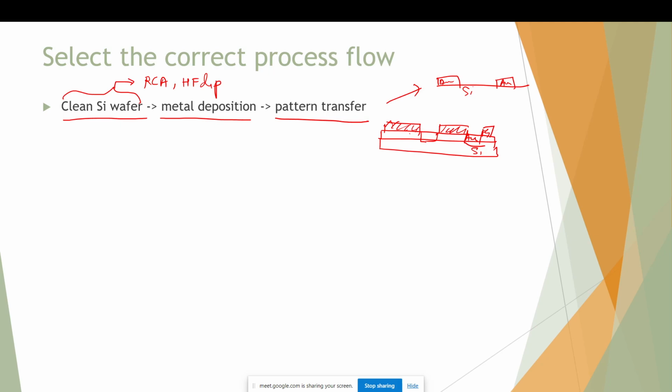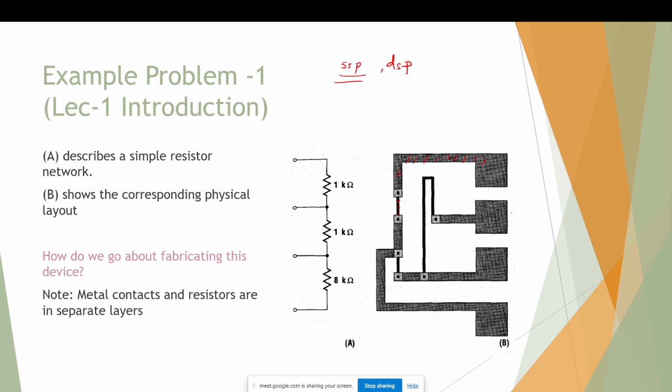What other specifications might you wonder about? Size and all: this is a very small device, so it doesn't matter. Prime grade or test grade, that you have to consider. Your final device should always be on the prime grade wafer.